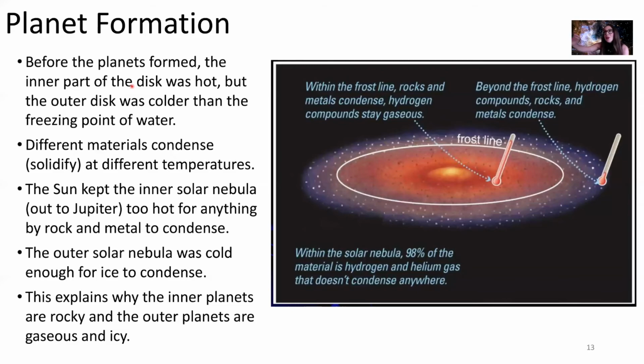But as we get further and further away from the sun, the temperatures get colder. Also, the planets get a little bit bigger as we go further out, okay? So still further out, it's still cold, you can still condense rocky matter, and so all of our outer planets have rocky cores too, but they're a little bit bigger, and so they were actually able to hold on to hydrogen and helium gases.